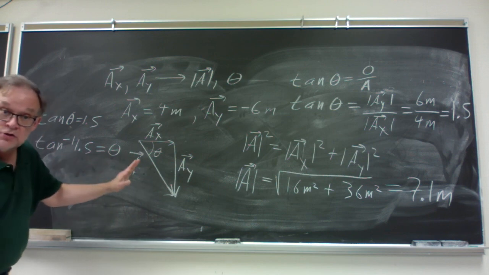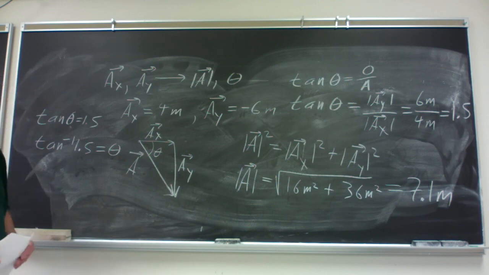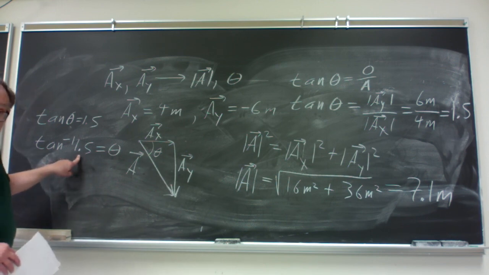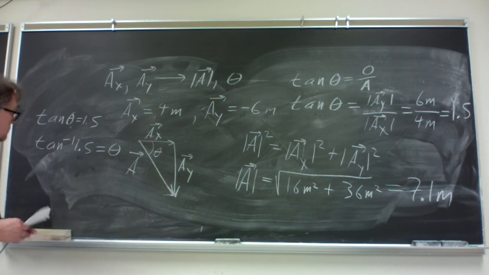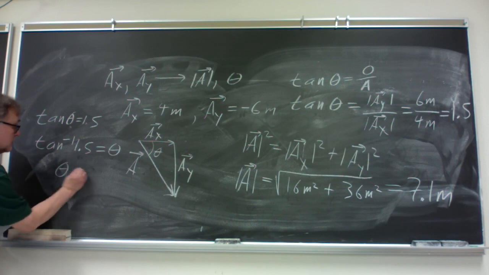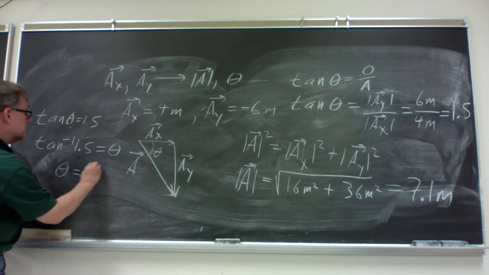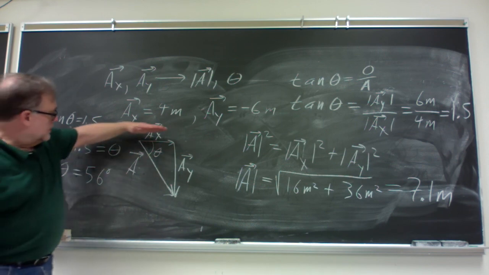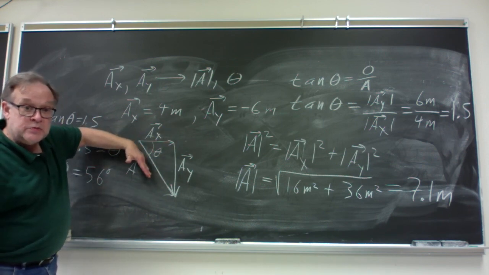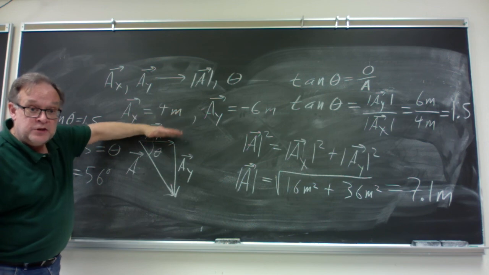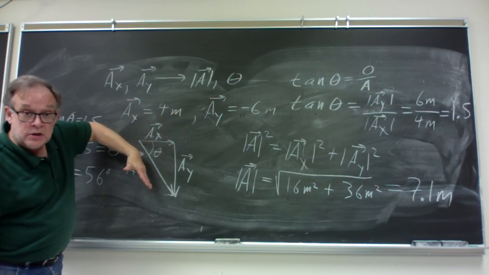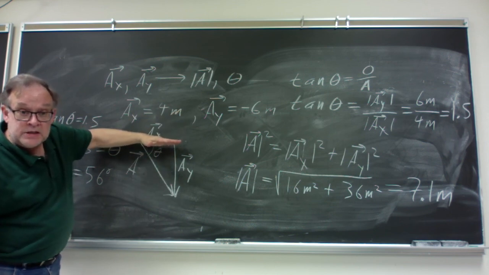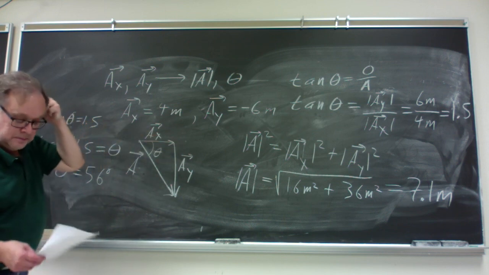That's what inverse tangent means. And so just ask your calculator to find the inverse tangent of 1.5, and that will come out to about 56 degrees. So displacement vector A points 56 degrees clockwise away from the positive x-axis.